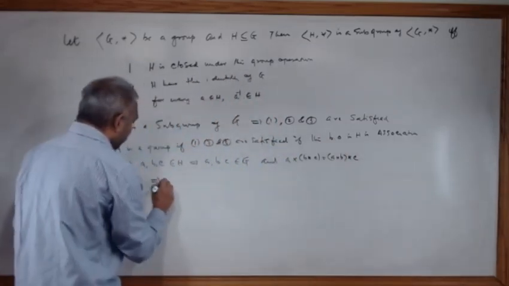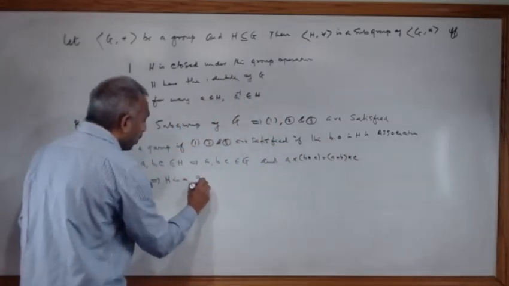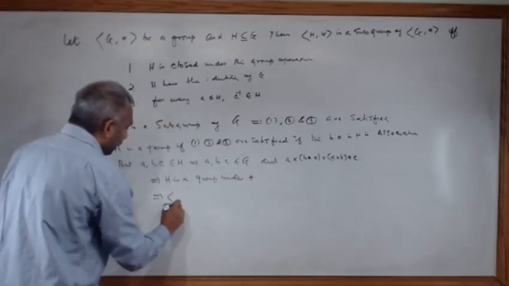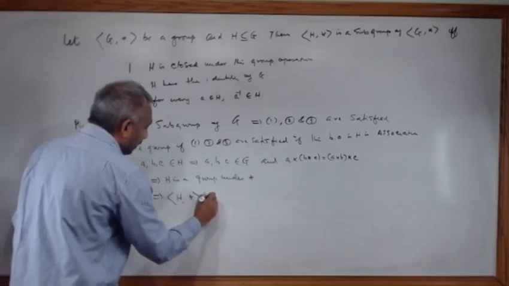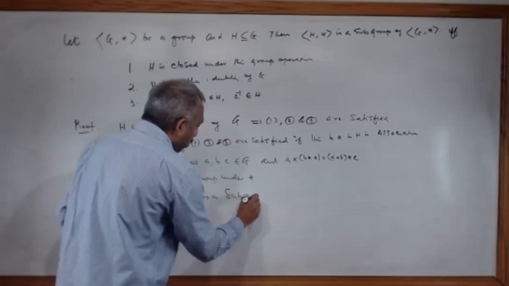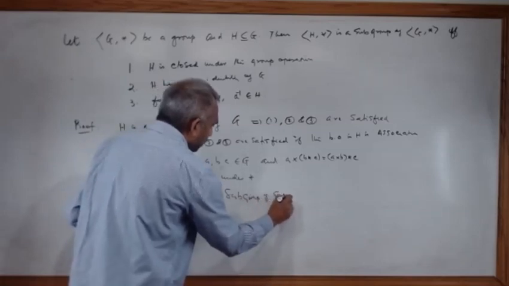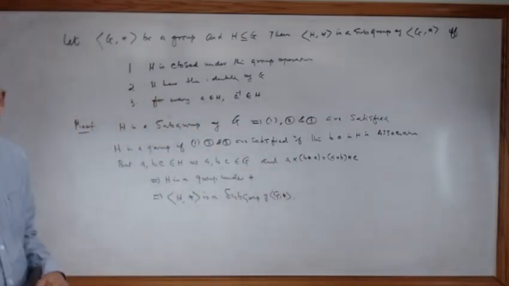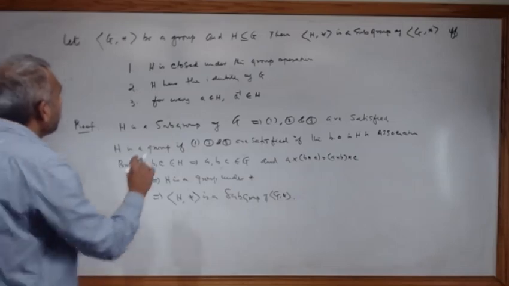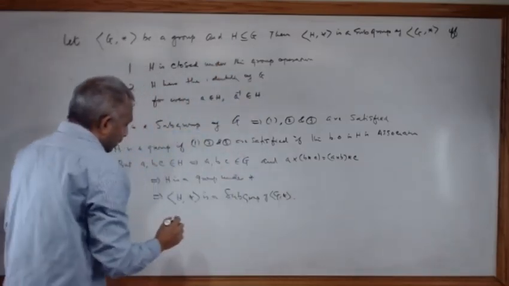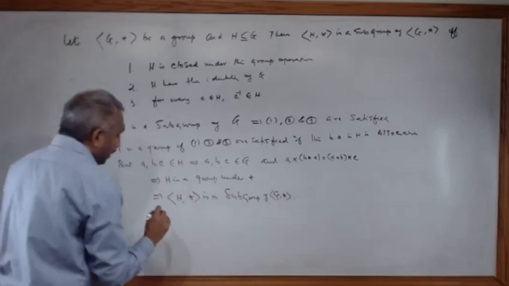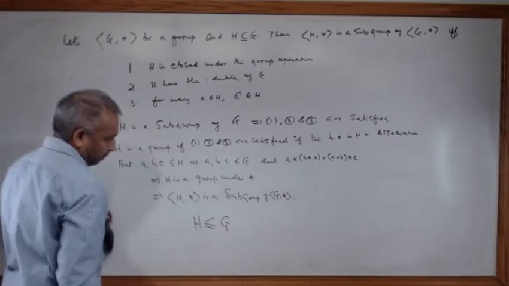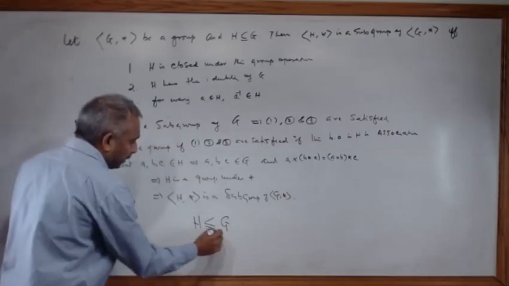So that implies H is a group under star, which implies H star is a subgroup of G star. And by the way, if H is a subgroup of G, we will write it as H less than or equal to G. This means that H is a subgroup of G.